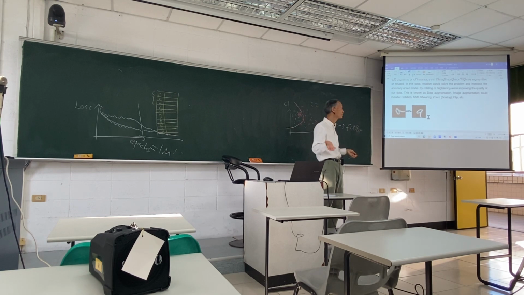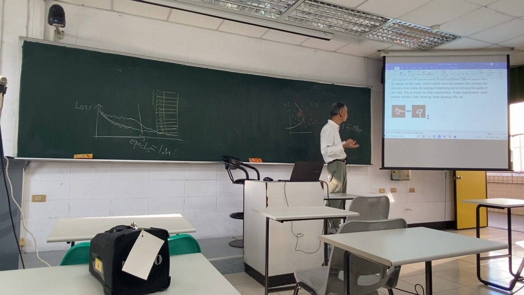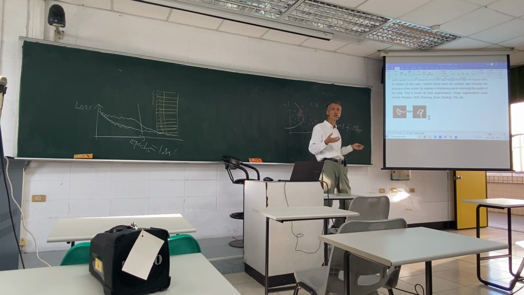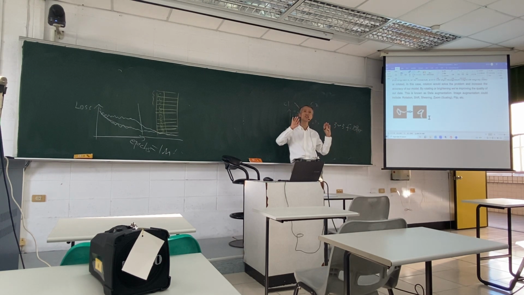Say the data I collect is only this handwritten digit line. However, you can rotate it by 45 degrees, by 10 degrees or more, and then you can create more samples that simulate the dynamic changes of the environment.